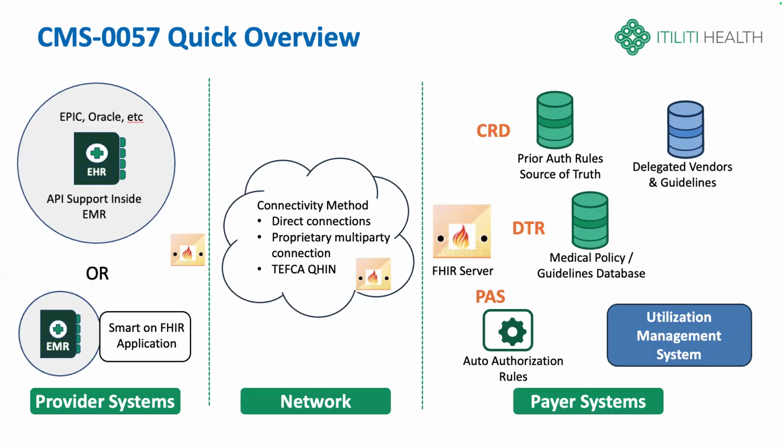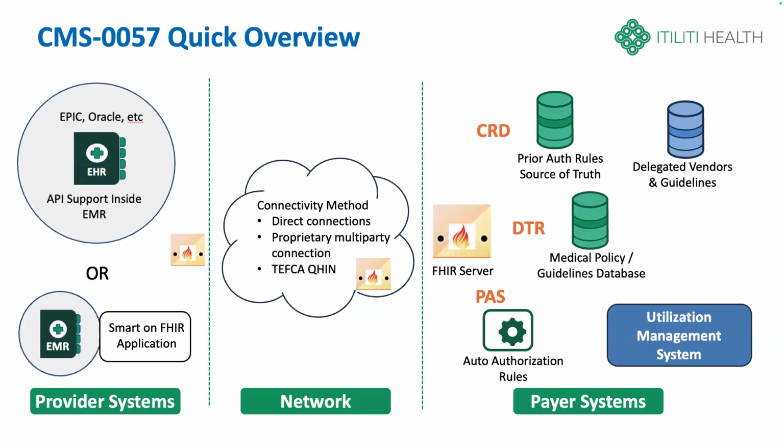It's an application that can connect internally to the electronic medical record system and also supports the three primary transactions for prior authorization using 0057. Those three transactions are the CRD, Coverage Requirements Discovery, DTR, Documentation Templates and Rules, and PAS, Prior Authorization Support.